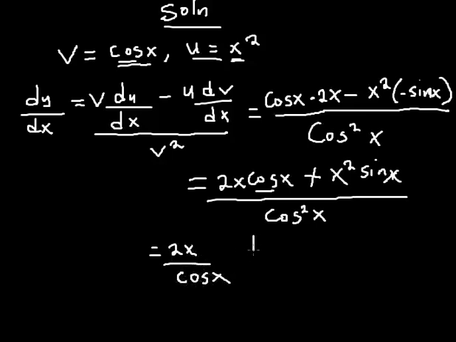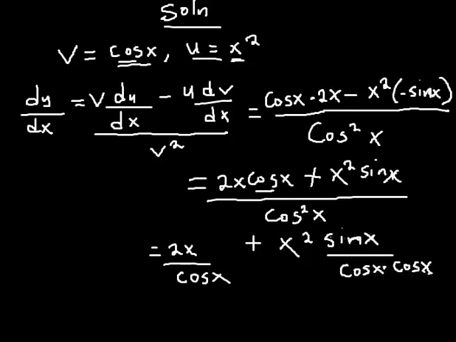Then of course in this case I'm having x squared sin x all over cos squared x. Of course, cos squared x is cos x times cos x.